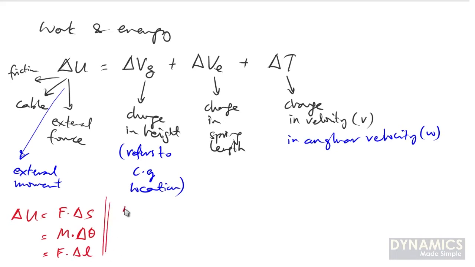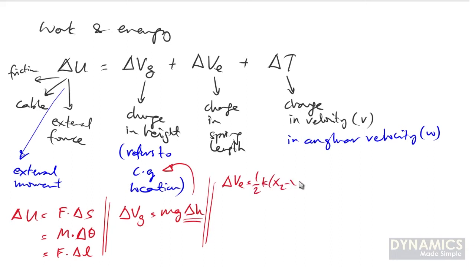As for delta Vg, it equals mg times delta h, and this h will refer to the CG location. As for delta Ve, it will equal half k (x2 squared minus x1 squared), same as before, whereby x is our change in spring length.